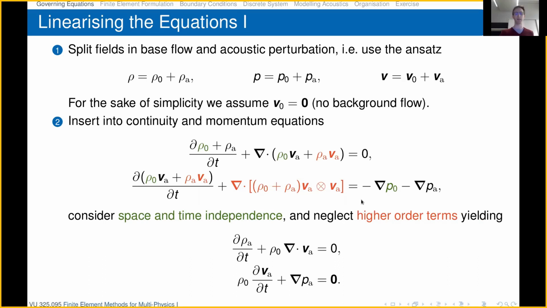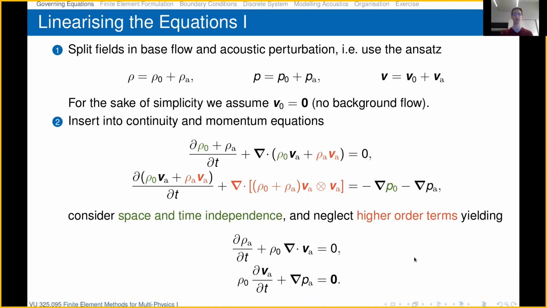We have the time derivative of rho, the acoustic rho. We have the divergence of V, and we have our balance of momentum, rho 0 times time derivative of V plus the gradient of P. So you see we still have two equations. However, we have three unknowns: density, velocity, and pressure.